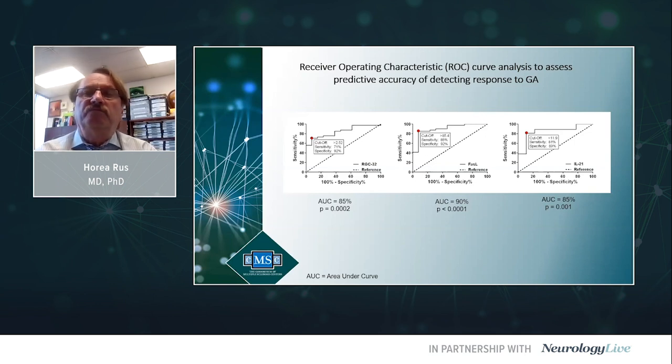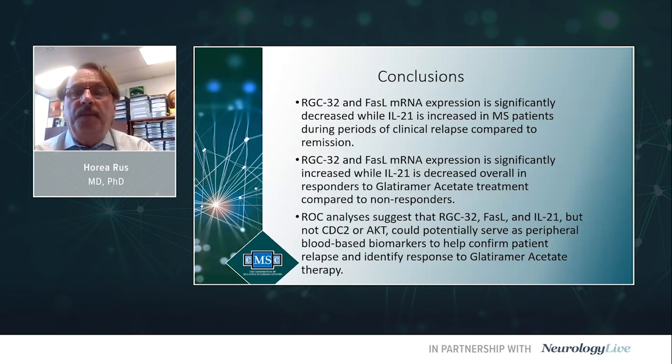And we can conclude from our study that RGC32, Fas ligand, and IL-21 could potentially serve as a peripheral blood-based biomarker to help confirm patient relapse and identify response to glatiramer acetate.